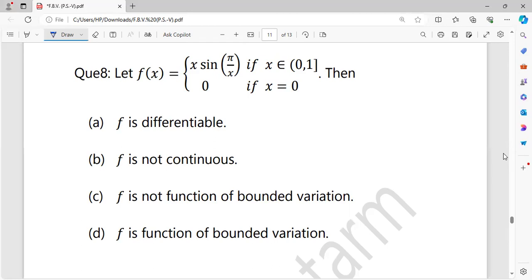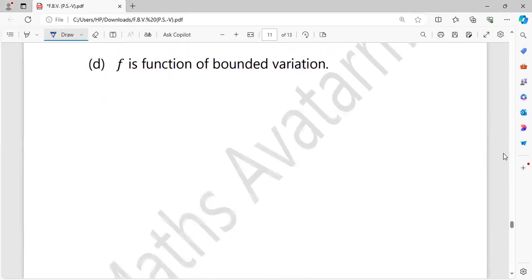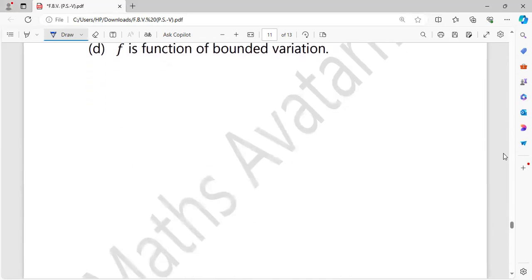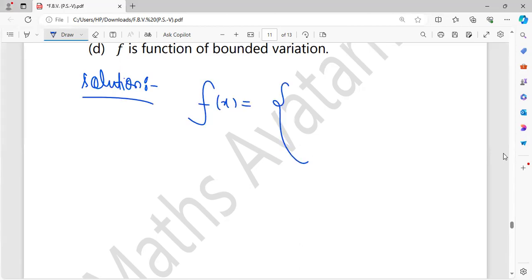So now you see that we will use question number 4 here. You first see what is F. F is given as x sine pi upon x if x belongs to (0, 1] and 0 if x is 0.